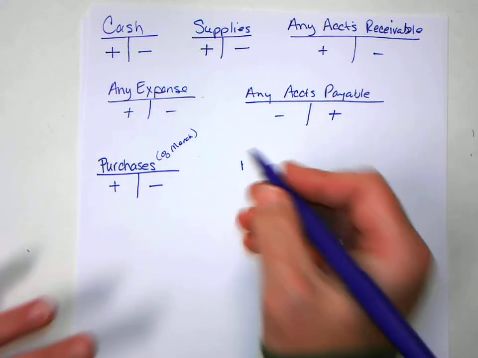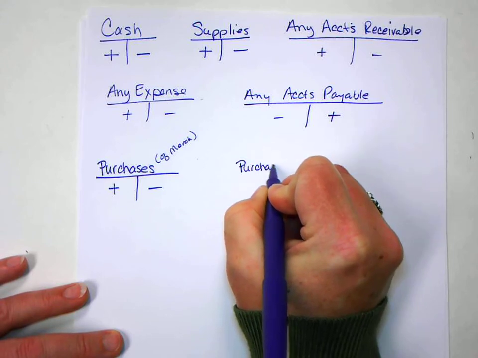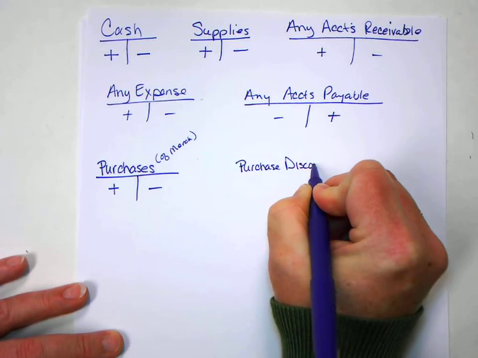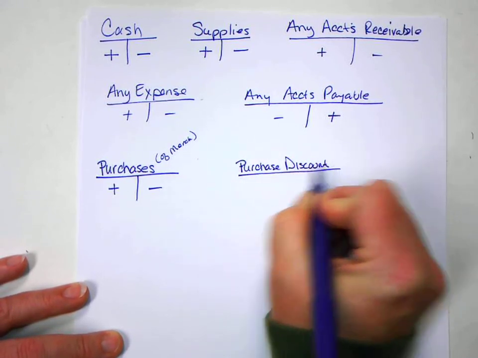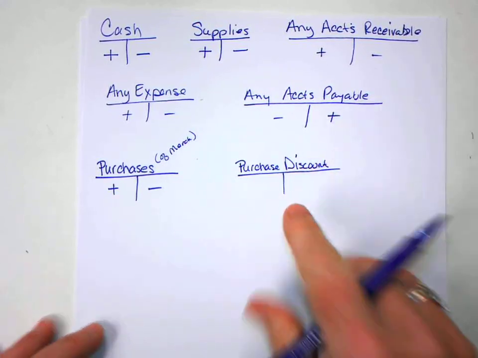Okay. Then we're going to have purchase discount. And this, again, would be where we make a purchase. Maybe we work a deal, we're going to pay early, we get a little discount. And so we need to keep track of the discounts separately.